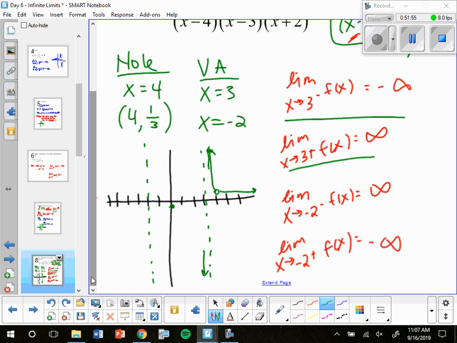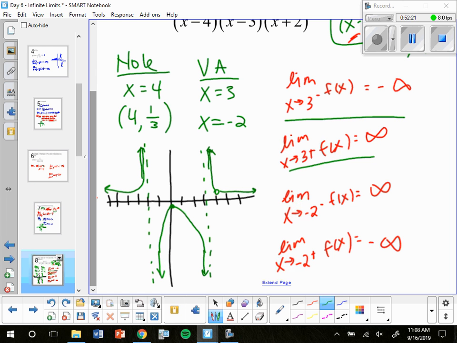Now I'm going to look at my -2. -2 from the left is going to infinity. -2 from the right is going to positive infinity. I know I go through this y-intercept and I can't cross, so it's going to look like that. And I can't cross this. So I've got intercepts, holes, asymptotes, and directions that they're going. That's about as good of a sketch as I need.